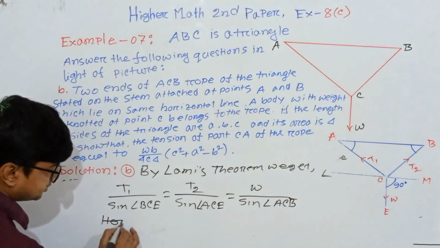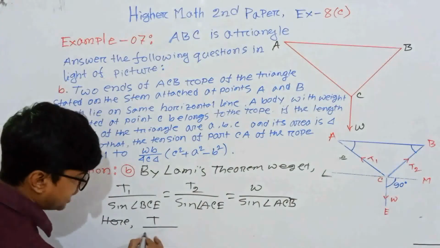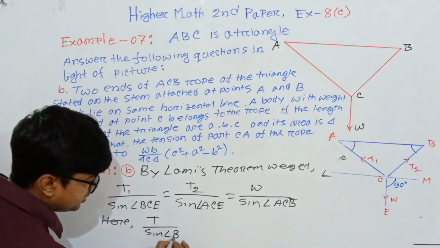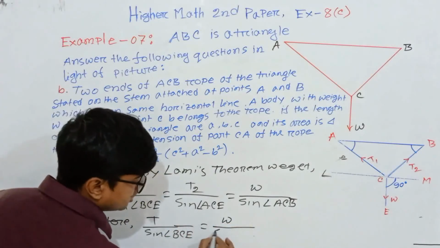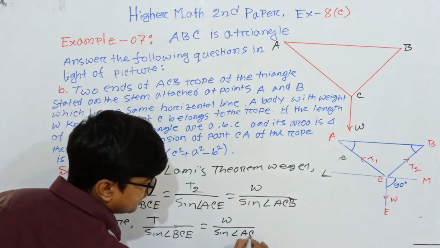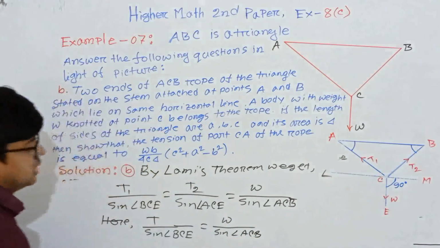From these parts, T1 by sine angle BCE equals W by sine angle ACB.